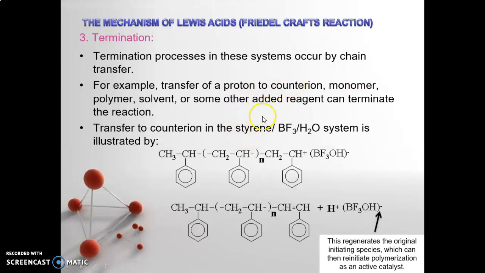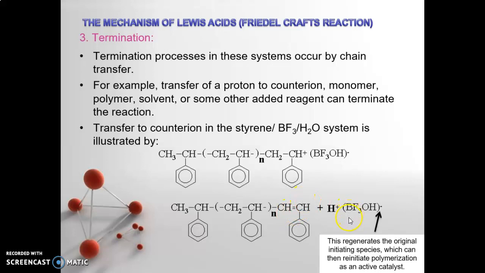Transfer to counter ion in the styrene BF3 water system is illustrated by this, so you copy again from the previous reaction, the propagation reaction, copy this again, and then it will become a double bond here because of the transfer of a proton to counter ion.